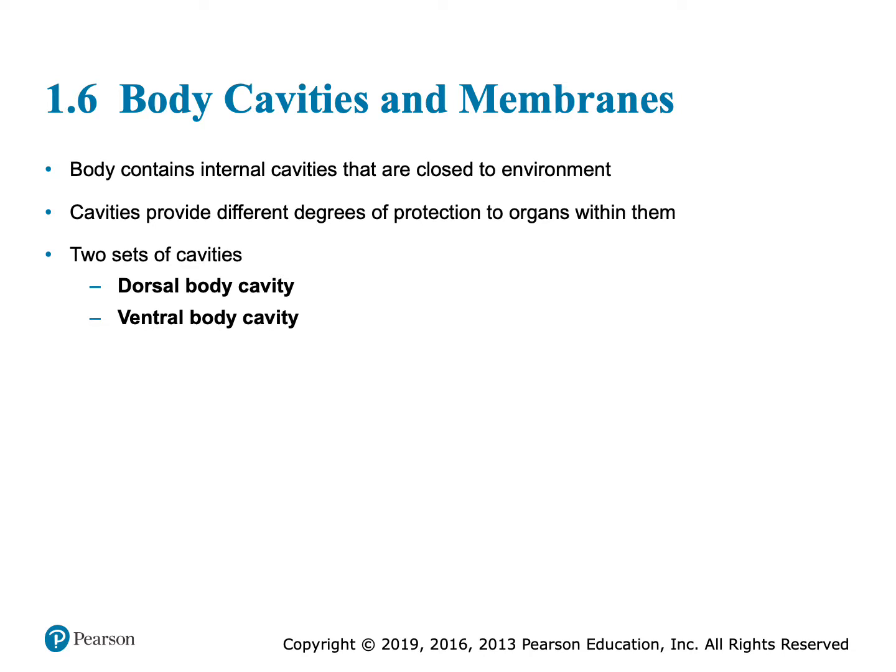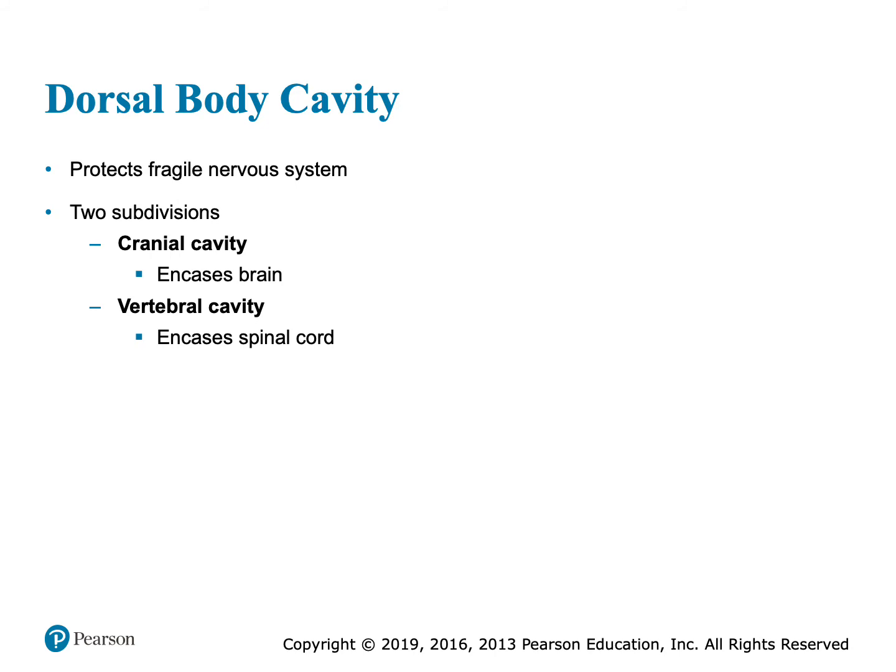Okay, cavities. Again, this is all in that lab video, but we have two major cavities, the dorsal cavity and the ventral cavity. They're going to get broken up. Your dorsal body cavity includes your cranial cavity. A cavity, just like it sounds, is a space. What sits inside your cranium?